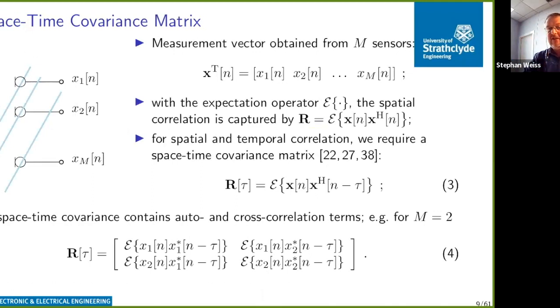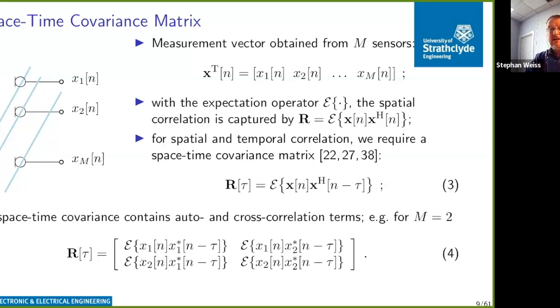So imagine that you have a measurement that comprises data from M sensors. So you have a measurement vector x. Then, for example, the angle of arrival of sources that illuminate this array will be encoded in the delay with which these signals arrive at different elements of your array.